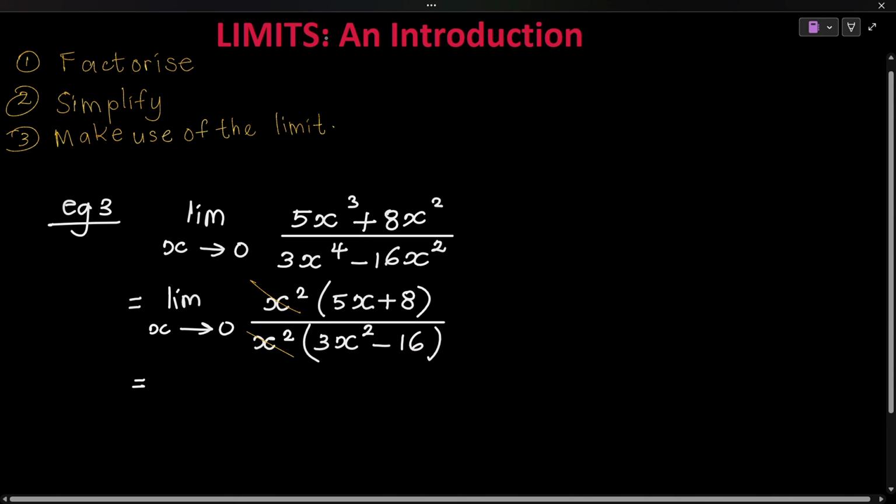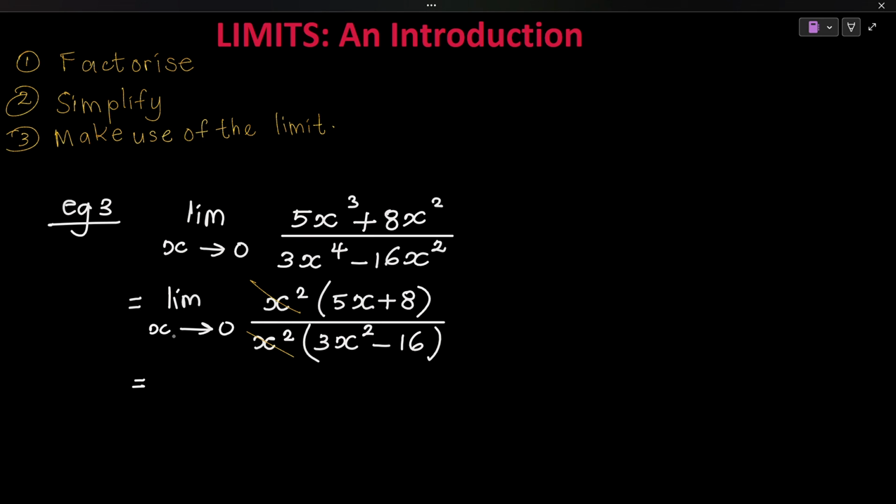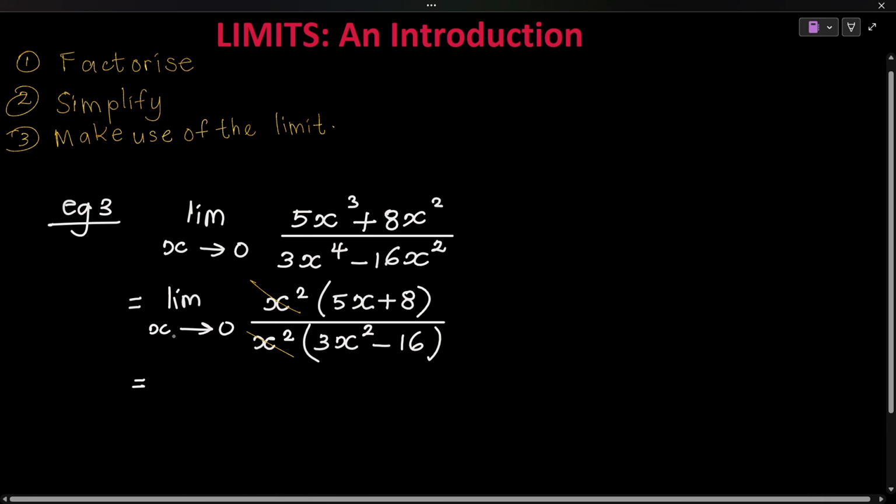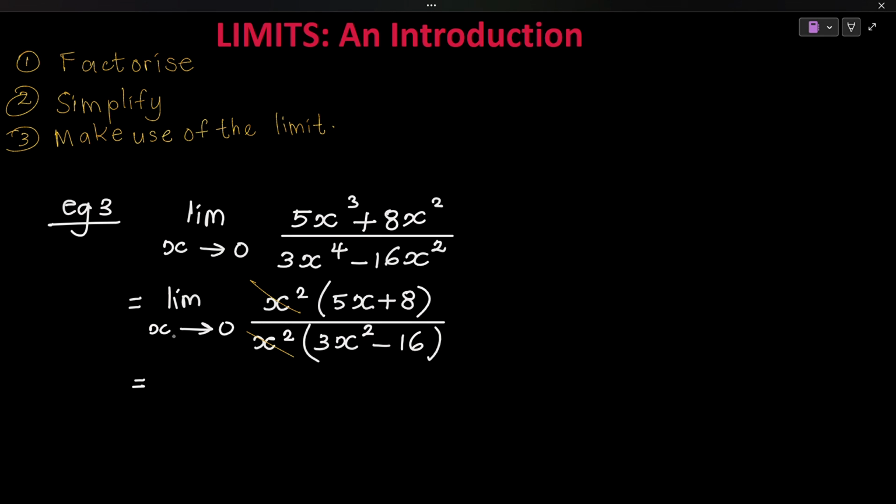So by cancelling out, you are simplifying, and we are now ready to make use of the limit. That tells us that as x approaches 0, we have the function approaching a certain value, and we want to figure out what that value is. So we're now going to make use of the limit, which means that we are going to omit this lim on the left-hand side.